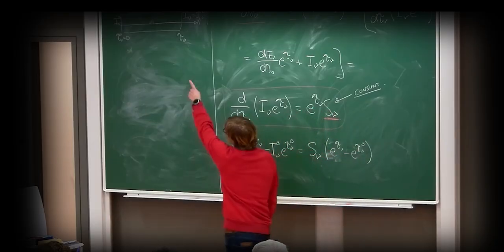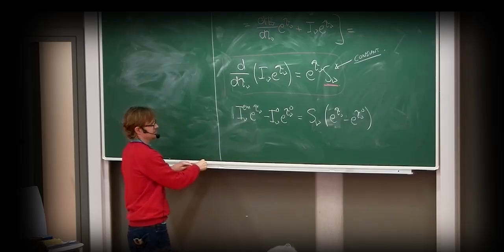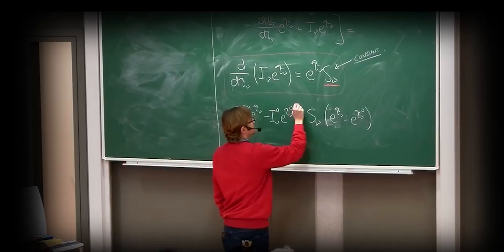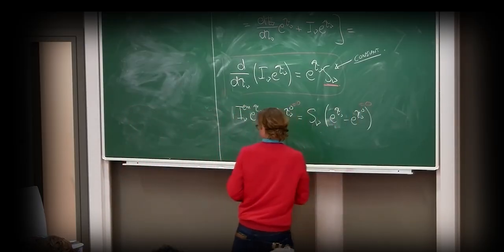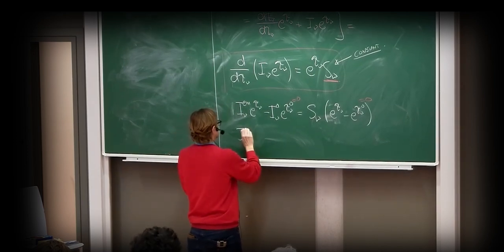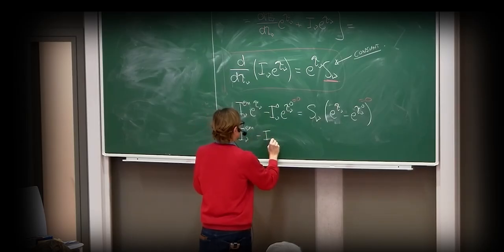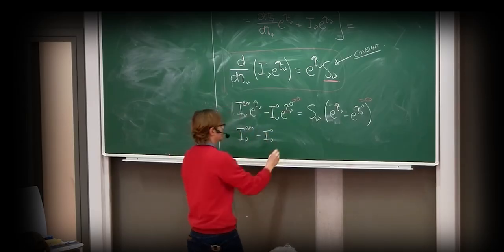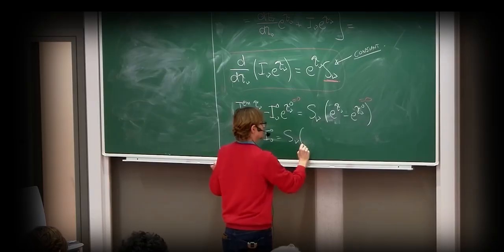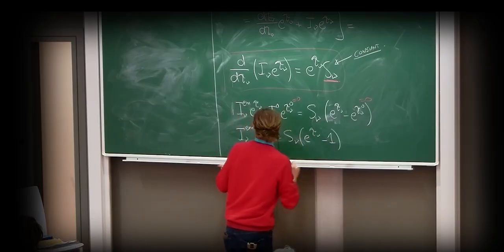However, we already said that we put our optical depth scale such that tau nu 0 equals 0, right? So if we do this, then we can directly see that I nu emergent minus I nu 0, this will be 1, equals S nu times e to the tau nu minus 1.